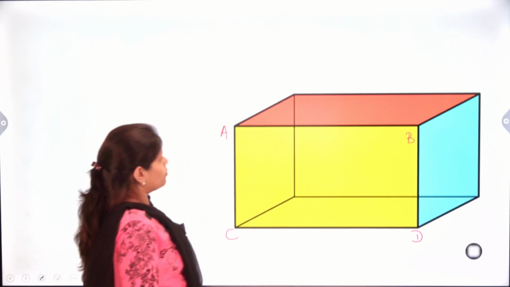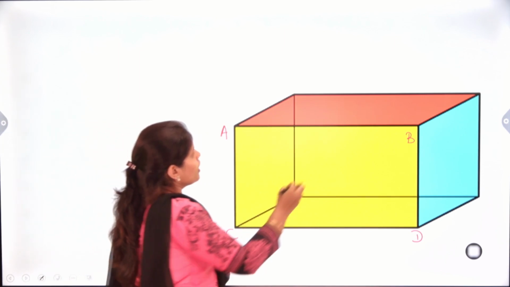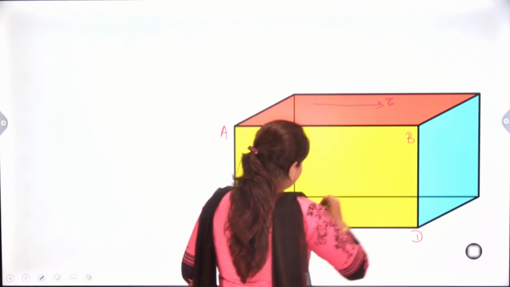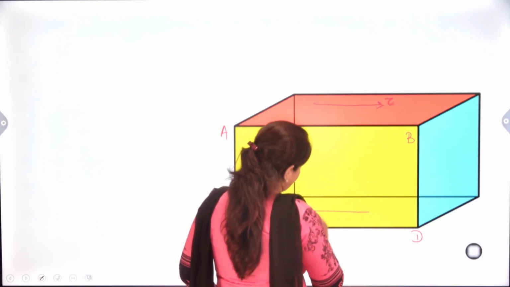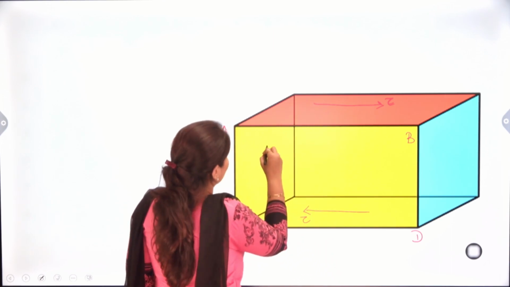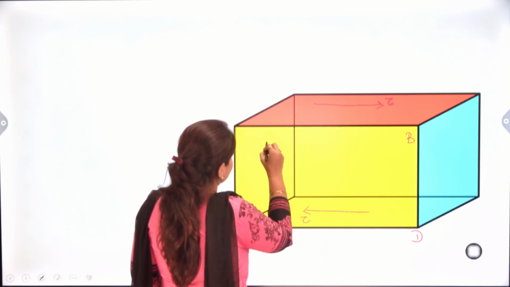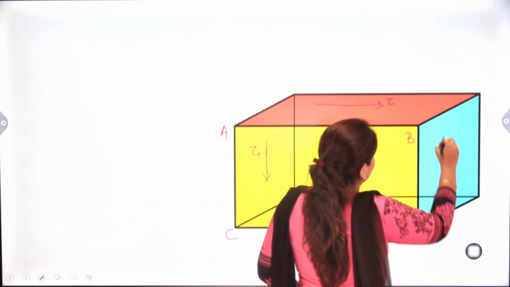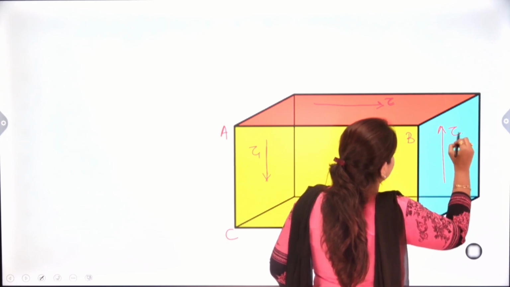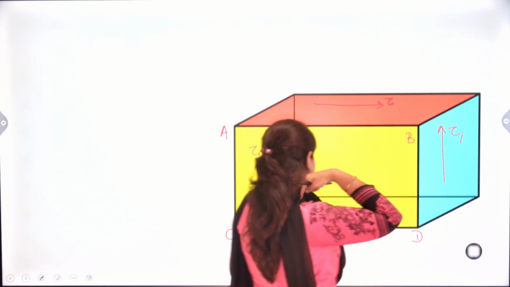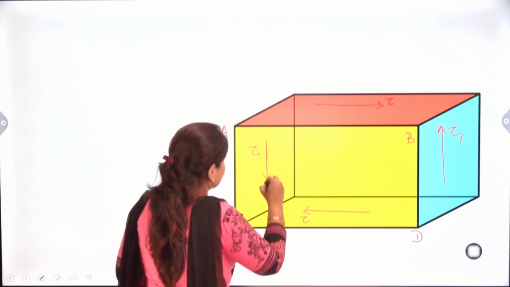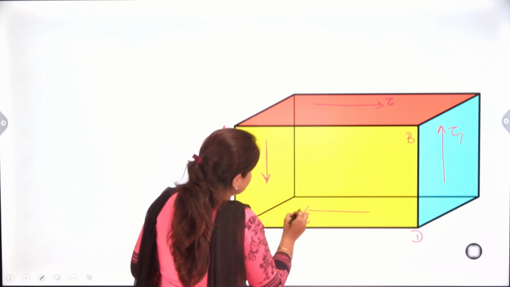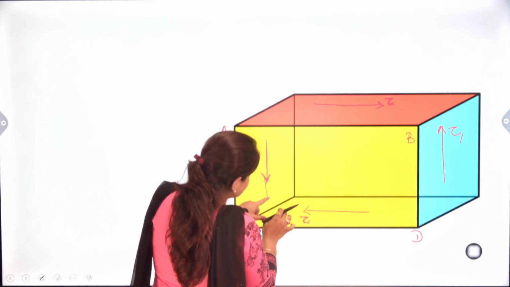Right. So here what happens? In this direction tau will form, and also here tau dash and tau dash. As you can see here, this tau and this tau dash are in the same direction.